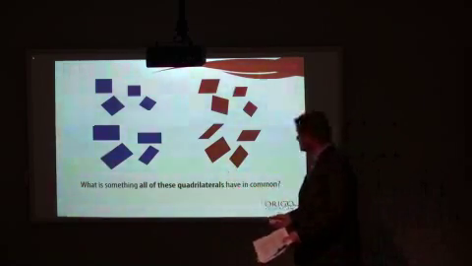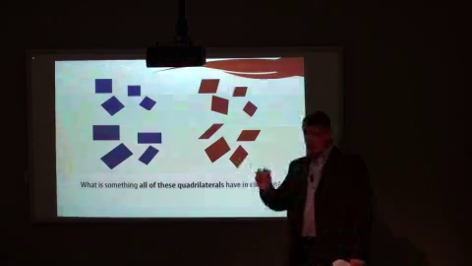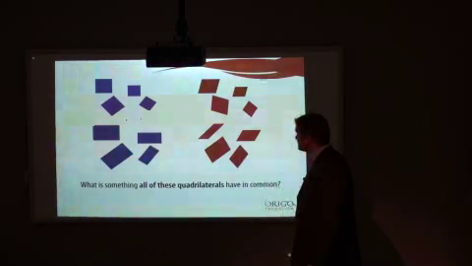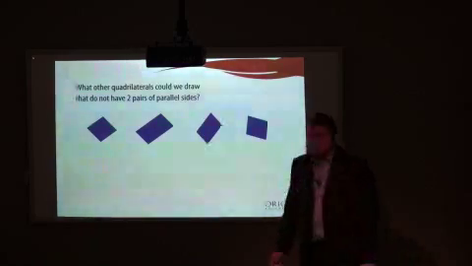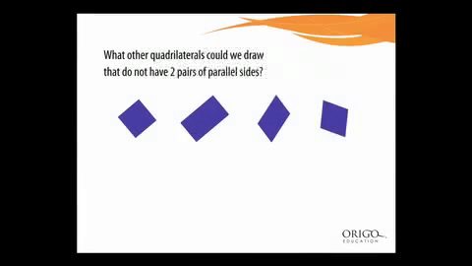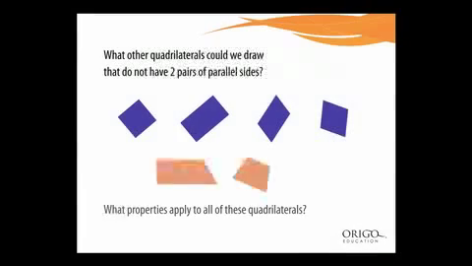That's pretty much all you could say. But what other quadrilaterals could we draw that don't have exactly two pairs of parallel sides? Shapes like this? Right? So therefore that's the layer that goes above the parallelogram.